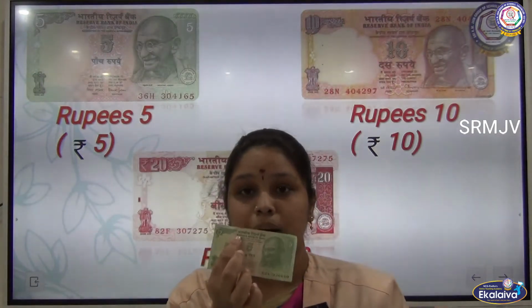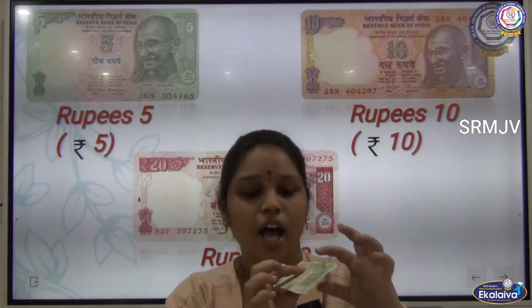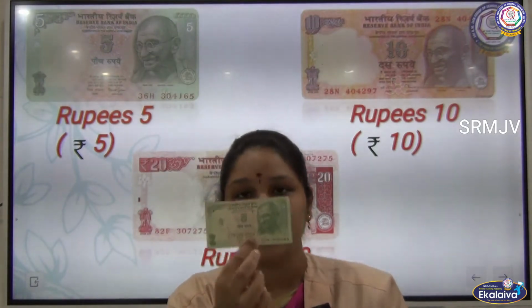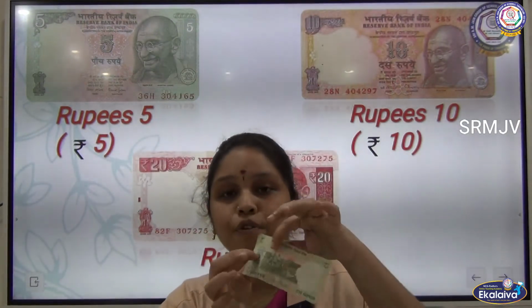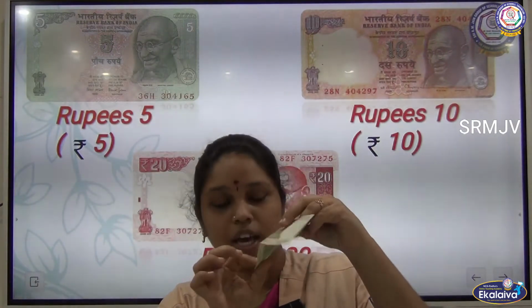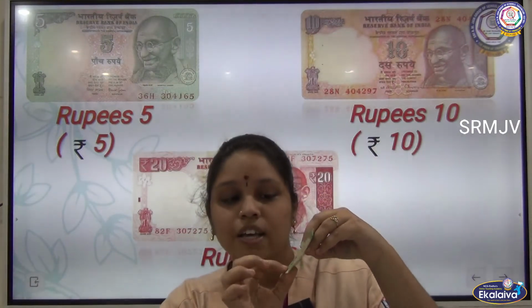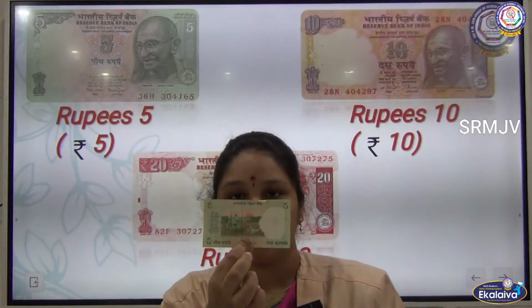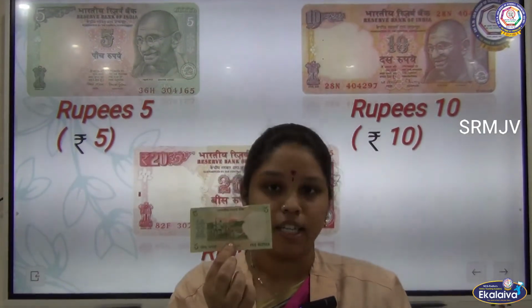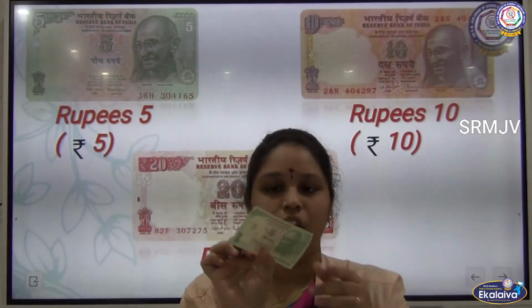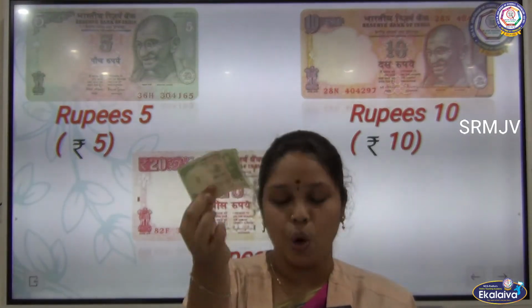It is printed by the Reserve Bank of India, and the Reserve Bank of India governor's signature is there. On the back side of the note we can see 15 languages. In the end we can see in which year it was printed. That also we can see on this note. This is the 5 rupees note.